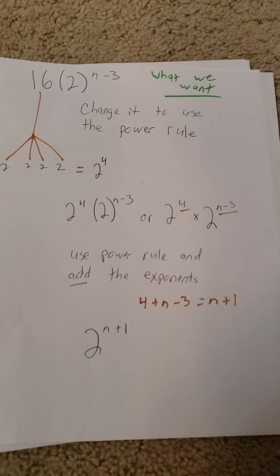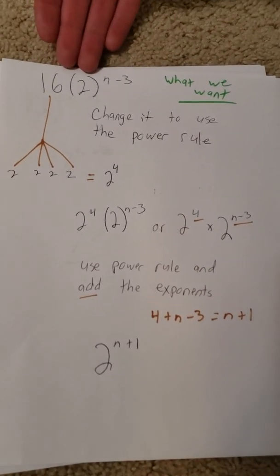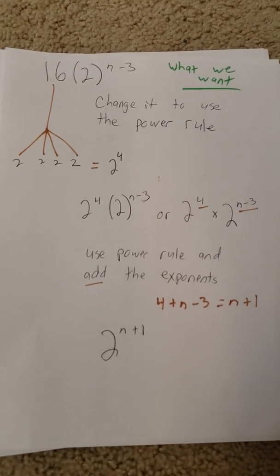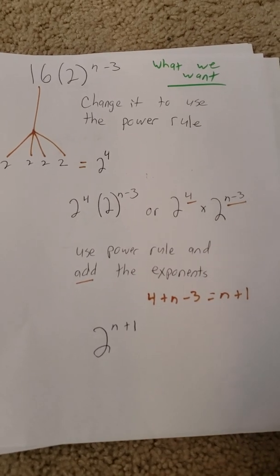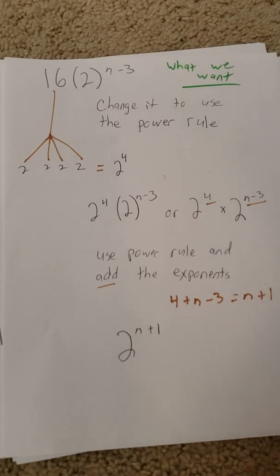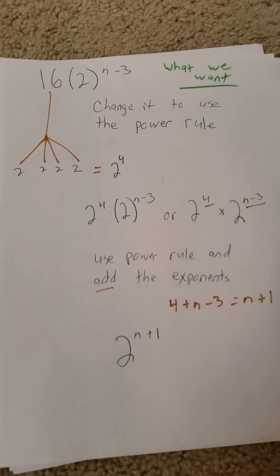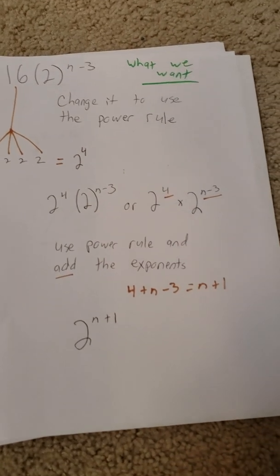So for our second problem, we are trying to get everything to equal this. So we have 16 times 2 to the n minus 3. Well, first we have to change it to use the power rule, which we are going to break the 16 down to 2 times 2 times 2 times 2, which is equal to 2 to the fourth power.